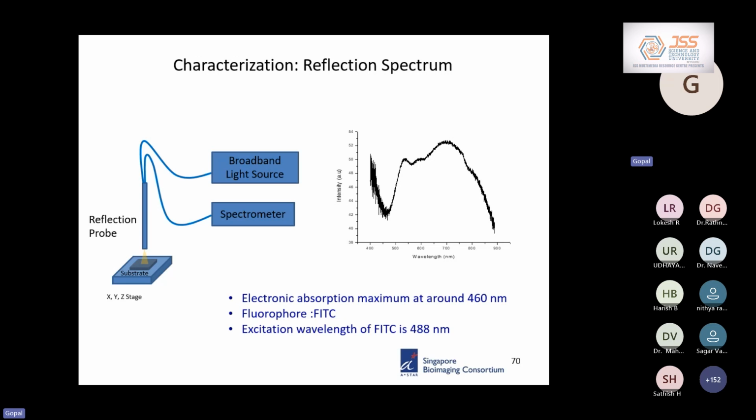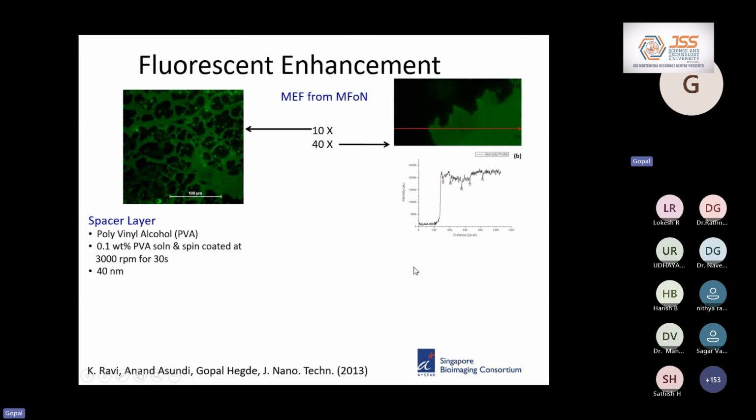So to enhance the fluorescence, we tried these techniques. This is how it is done. We just recorded the absorption spectra of this one. This is the substrate. You put the sample, you put broadband light, excite, and you can see this is the normal absorption spectrum. And this is how metal enhanced fluorescence works.